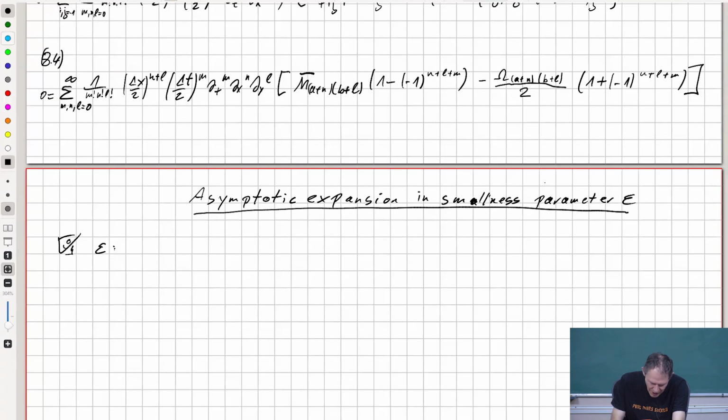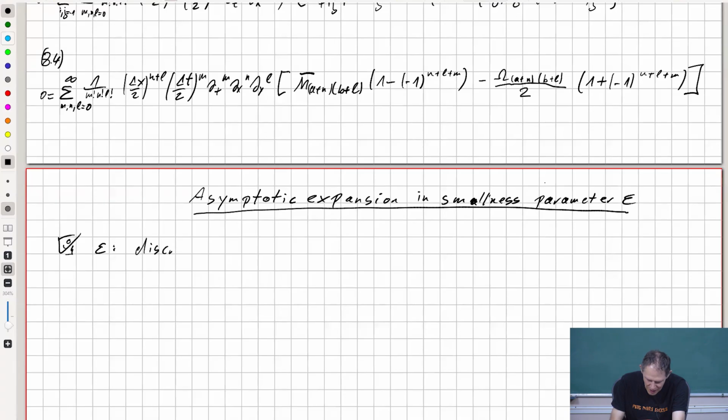So in order to have a numerical method, we have to have a smallness parameter. And the smallness parameter, depending on whether you are a physicist or a mathematician, they will call this in a different way. Mathematicians like to call it h. Physicists like to call it epsilon. Now, say we are physicists and say we call this epsilon.